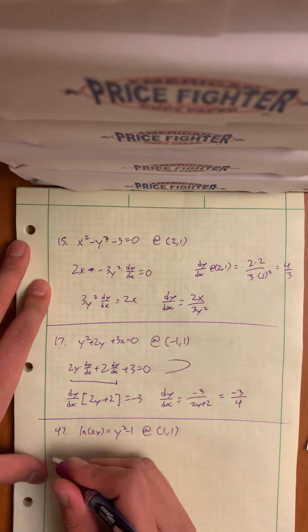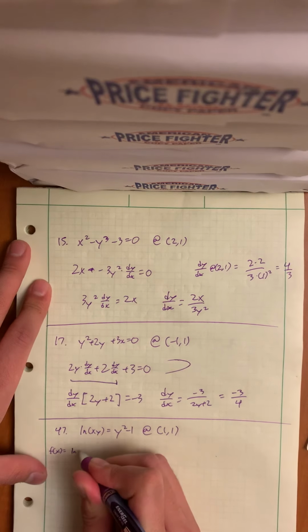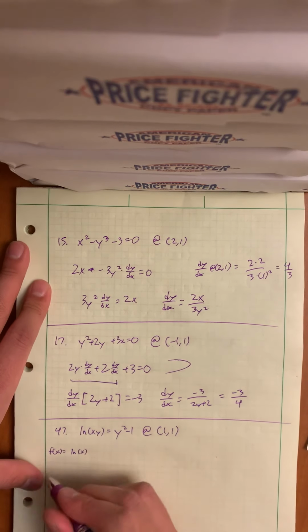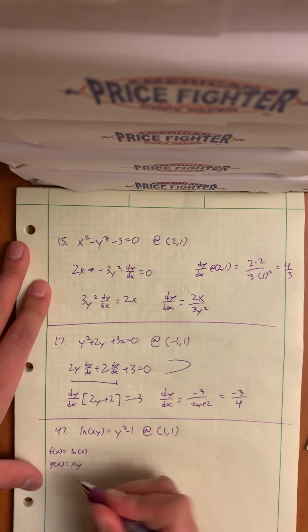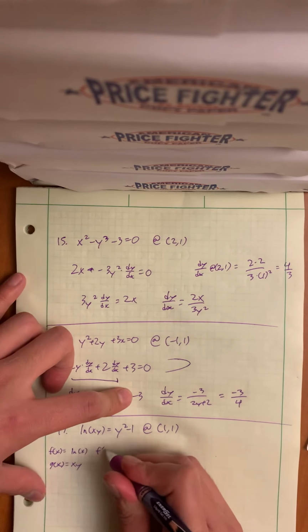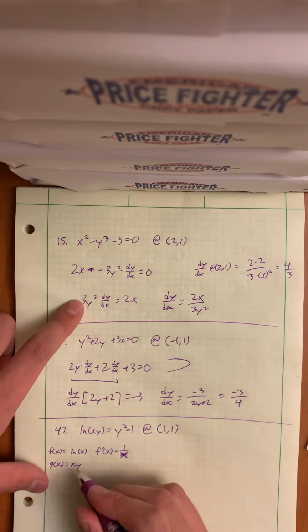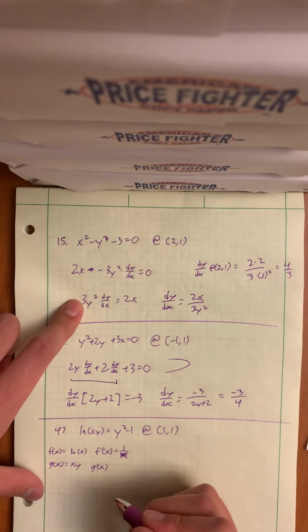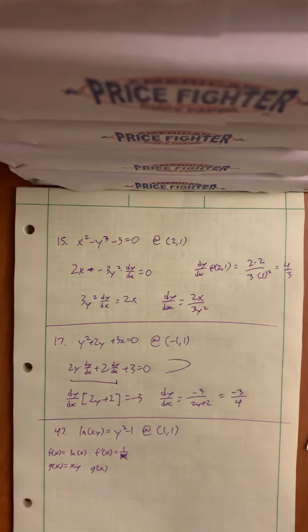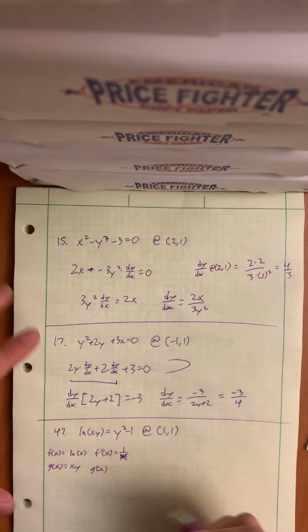Or sorry, it is a chain rule, right? f of x is equal to ln of x, g of x is equal to xy. f prime of x is equal to 1 over x, sorry, not xy, 1 over x. And then for g prime, we have to use the product rule.